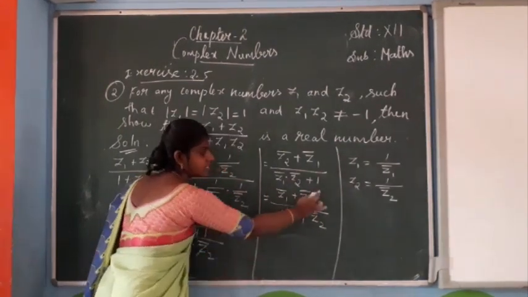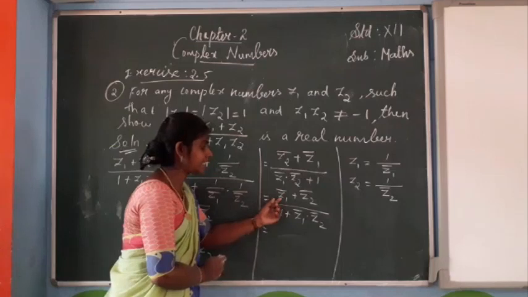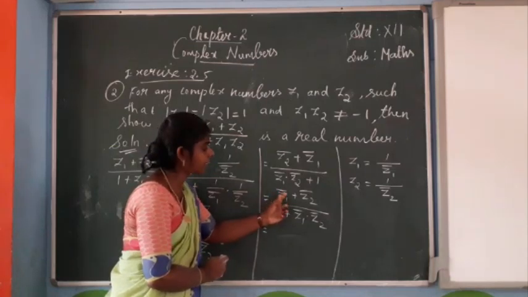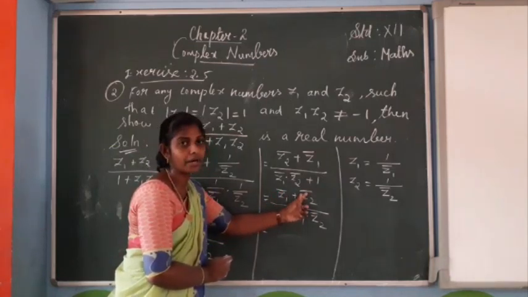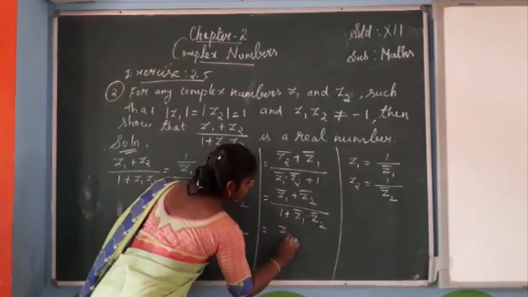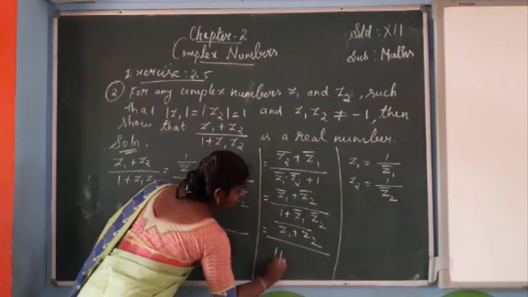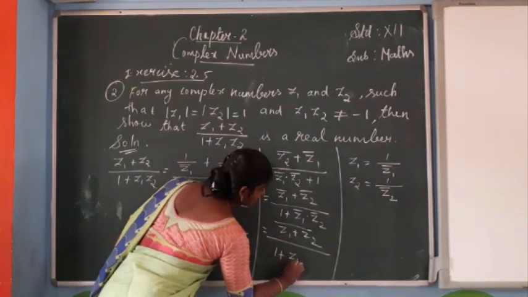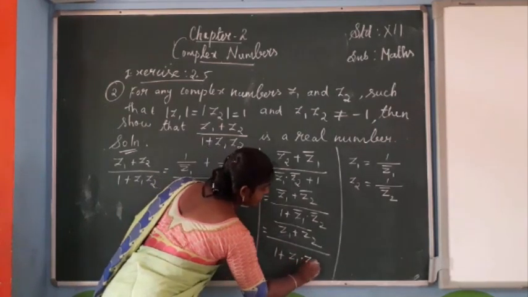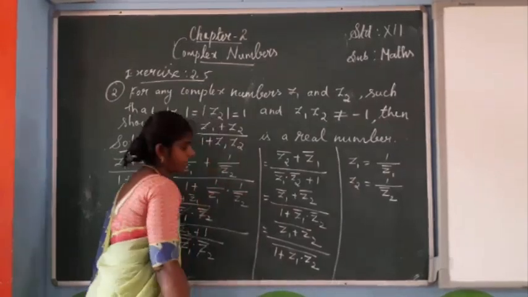We can write this term together: (Z1 + Z2) the whole bar divided by (1 + Z1 into Z2) the whole bar.